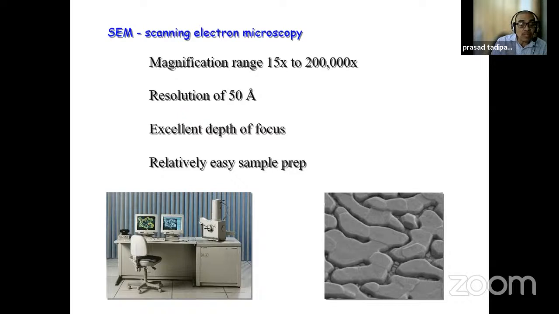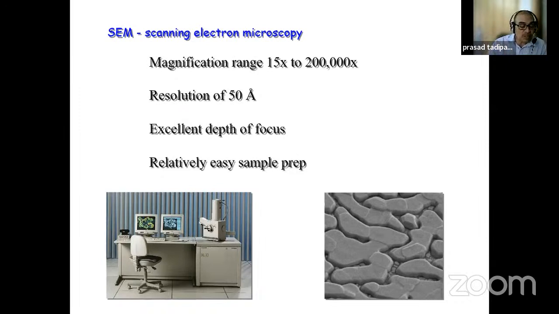That's why we can completely scan the surface of the specimen, and the secondary electrons deflected out of the surface of the material form a replica of the surface, and thus it produces an image on the monitor.